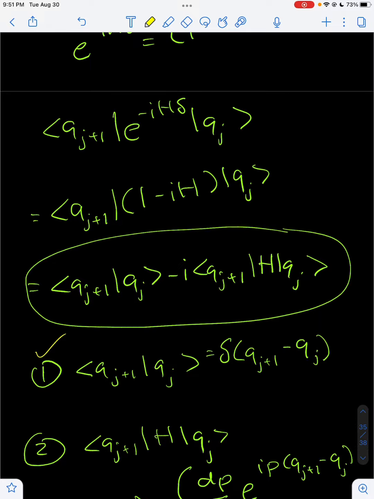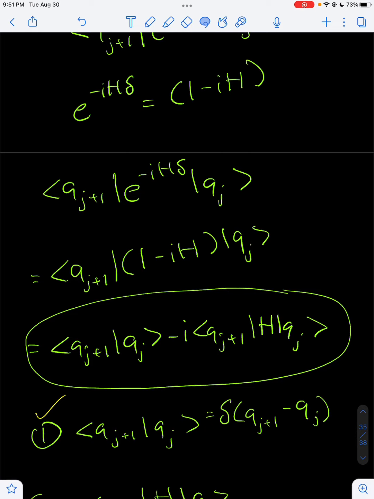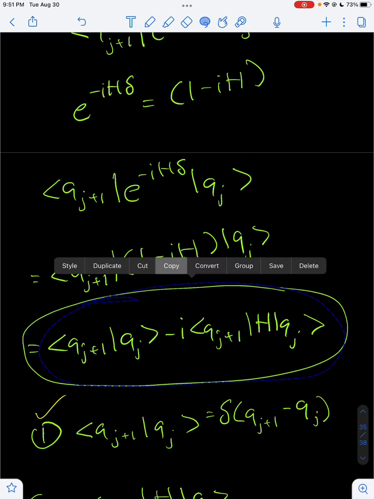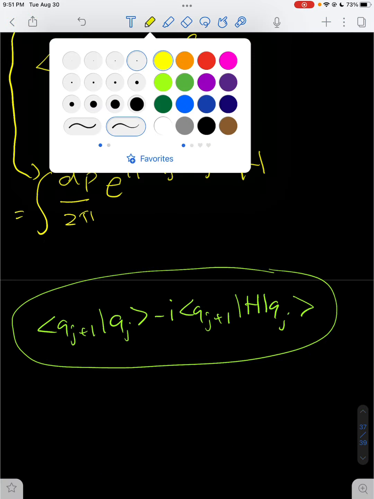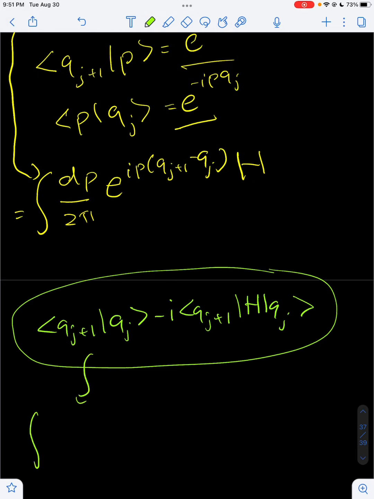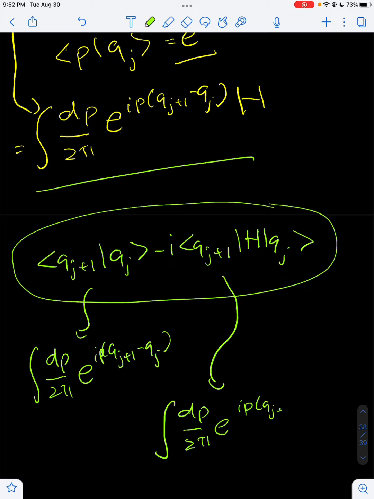So in short, we wanted to find out what this is equal to, and we found that this, which is the integral over dp over 2 pi of e to the i p times (q_{j+1} minus q_j), is equal to the integral over dp over 2 pi e to the i p (q_{j+1} minus q_j) times H.